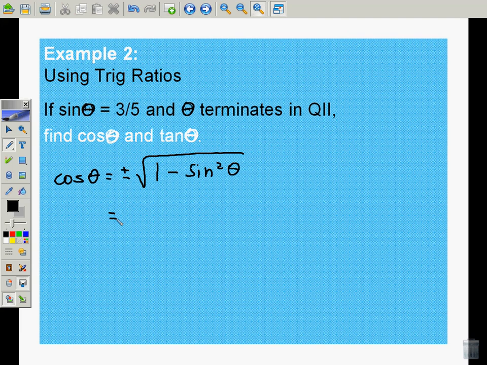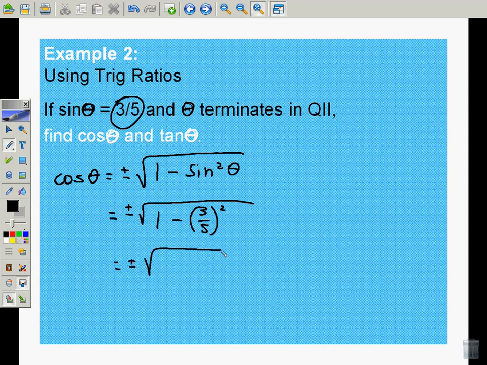So I took the formula for cosine, the identity for cosine, and I'm saying it's plus or minus the square root of 1 minus. And what was sine theta? Sine theta was 3/5. So I'm going to do 3/5 squared because it's sine squared theta. Now, still carrying down my plus or minus. I've got square root of 1 minus 9 over 25.